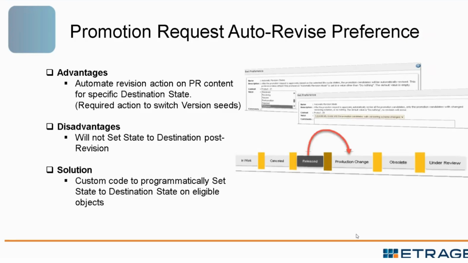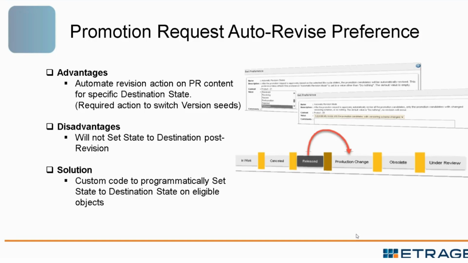If you're not familiar with state-based versioning, the idea behind it is that you take the object and have that object use a lifecycle that promotes state-based versioning, and based on the revise action on a certain lifecycle state, it switches from one scheme to another.